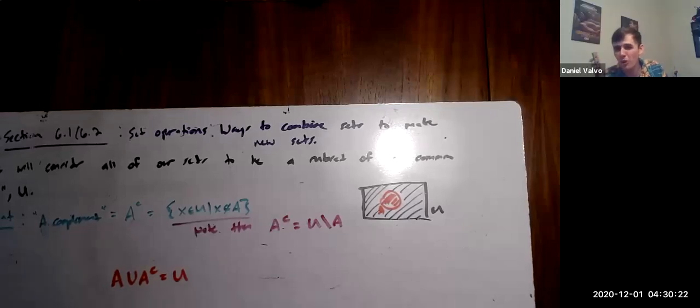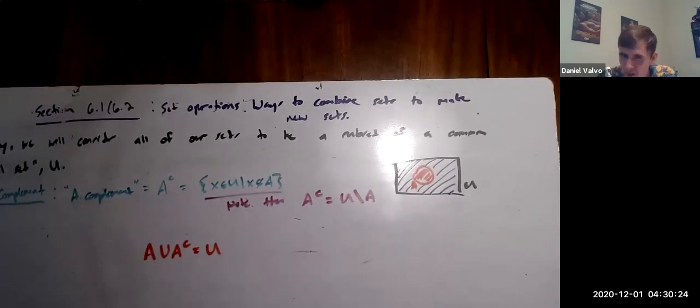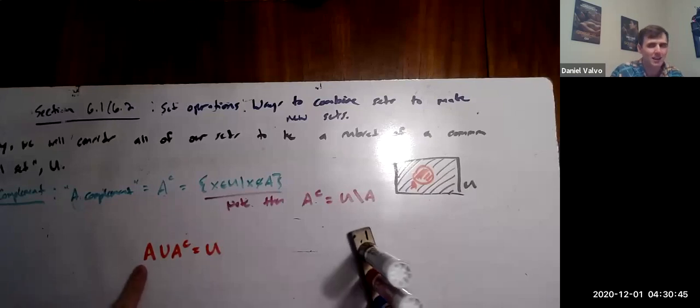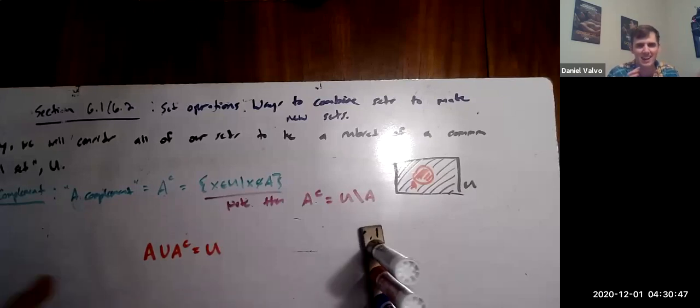Yes, although I don't love the word and to describe a union. So I'd say A union not A. The reason I like the word or for union, I see what you're saying, is because in a certain sense, unions almost have more properties of or. If you're looking at it as the sets, then union's kind of like, yeah, it's this set and this set.